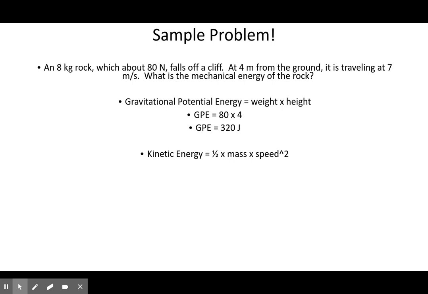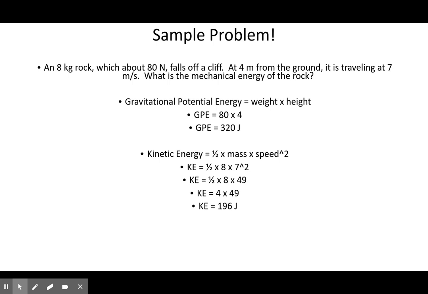For speed, that's our meters per second, which in this problem is 7. So for kinetic energy, we have to do 1/2 times 8 times 7 to the power of 2. Order of operations, we have to do the 7 to the power of 2, which is 49. 1/2 times 8 times 49. 1/2 times 8 is 4, and that gives us 4 times 49, 196 joules.